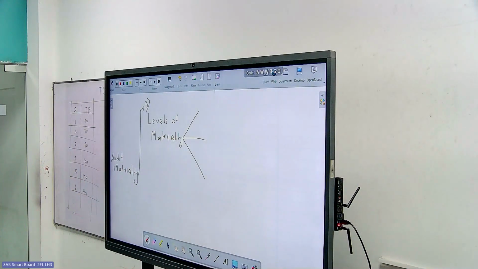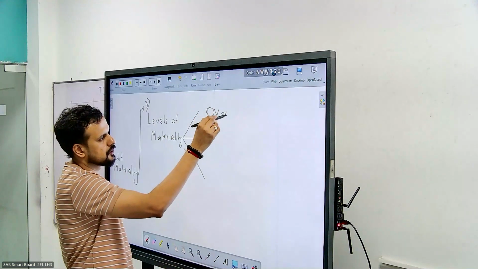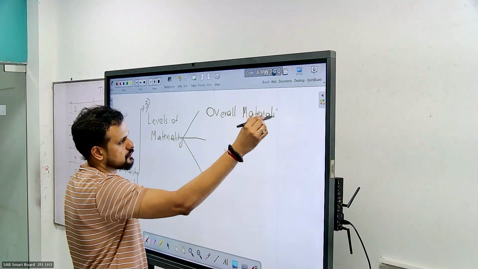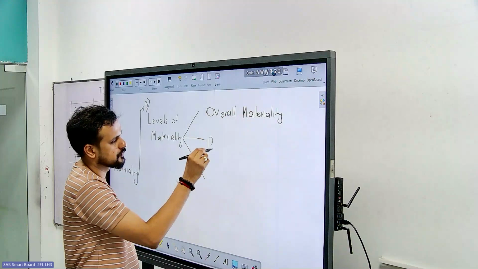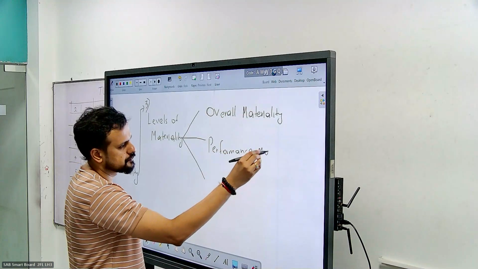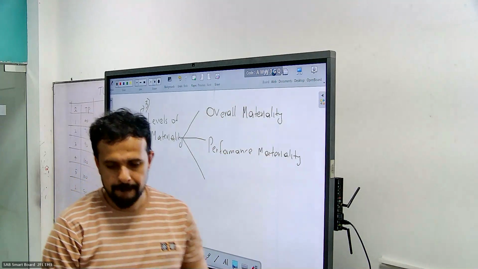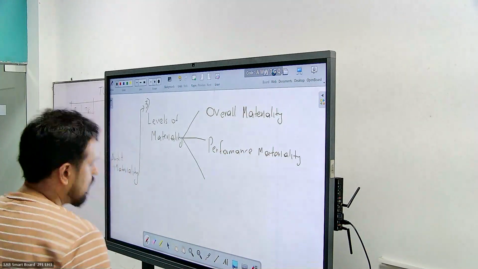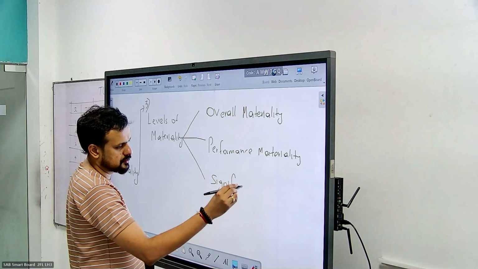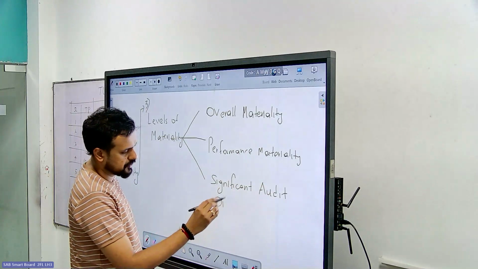There are three levels of materiality. Overall materiality, performance materiality, and the last one, significant audit difference.